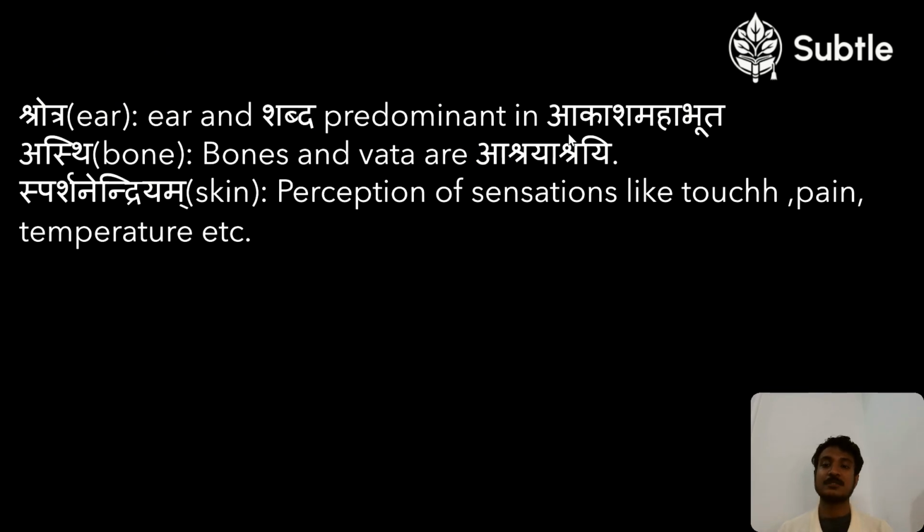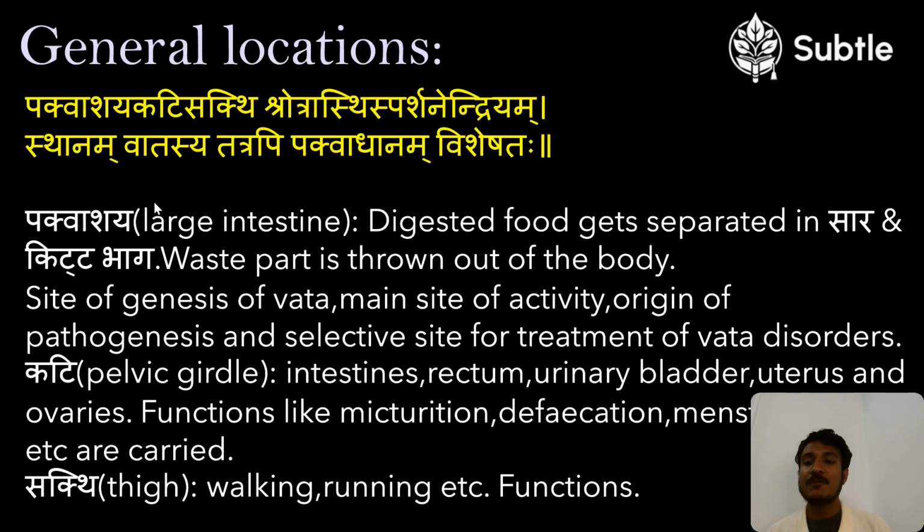Asthi and Sparshanendriyam, right? And of this, it is said here, Sthanam Vatasya Tatrapi Pakwadhanam Visheshatah. Of all these places, Pakwashaya is the main seat of Vata. Whenever we give Basti and all, you will be studying about this later, we will be concentrating on the Pakwashaya region. It is the Moola or the root of the body.